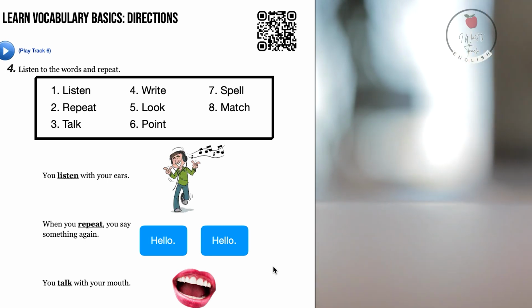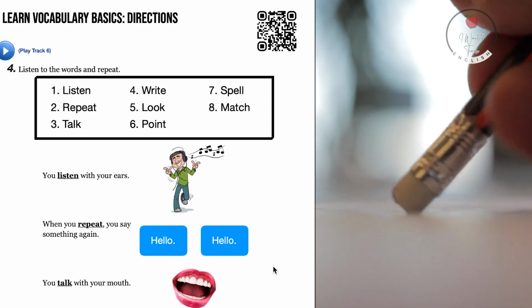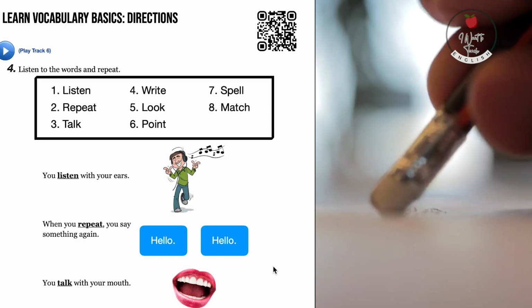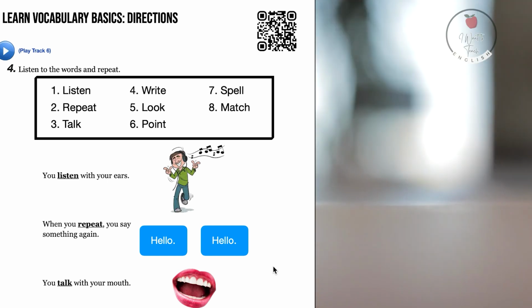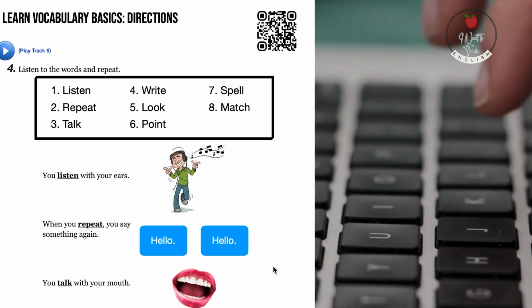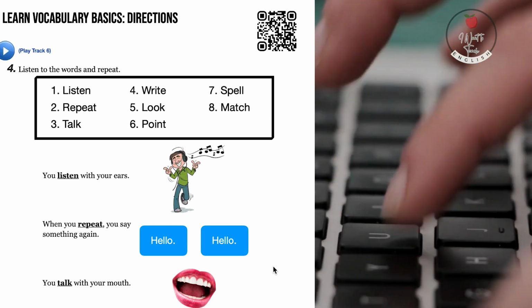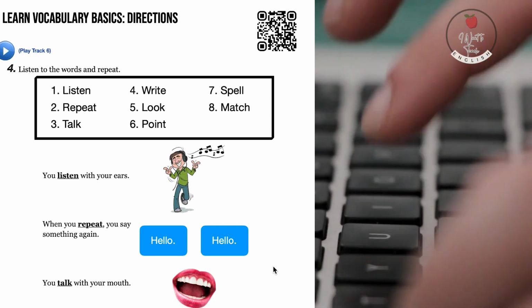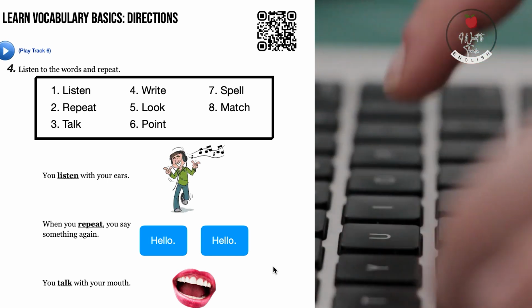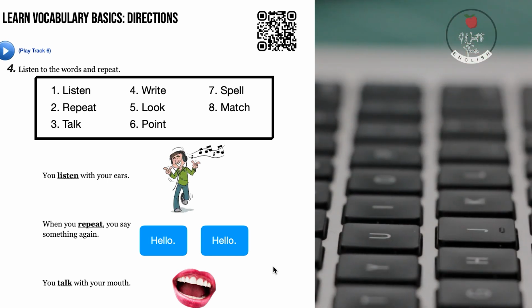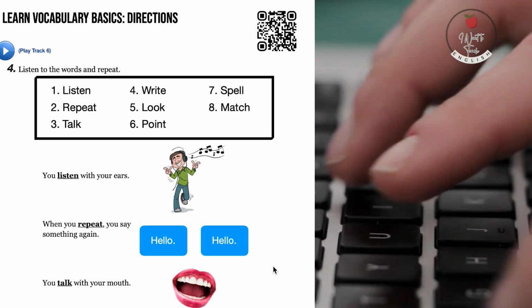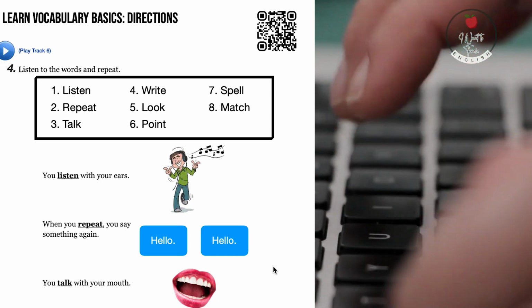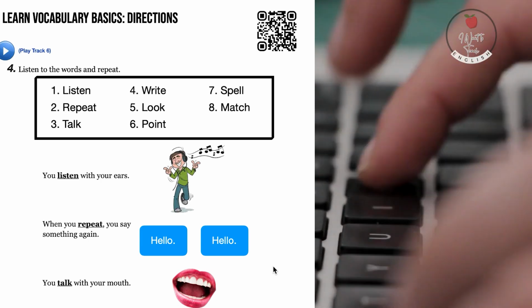Now, we have to evolve, and I've said this in other videos. We have to evolve as teachers. So I encourage my students that if they're going to try to articulate a thought, whether it's a response to a question or something related to an activity that we're doing and it requires them to write down their answers, and they just don't really know how to do it, I tell them, you could use Google Translate or some other translate app on your phone or your computer.